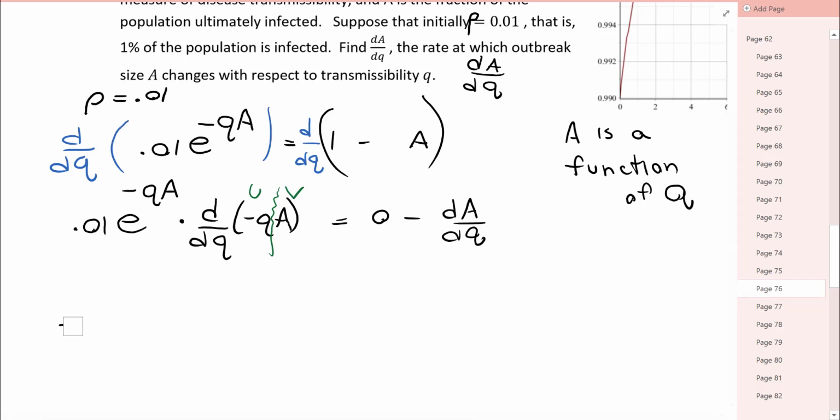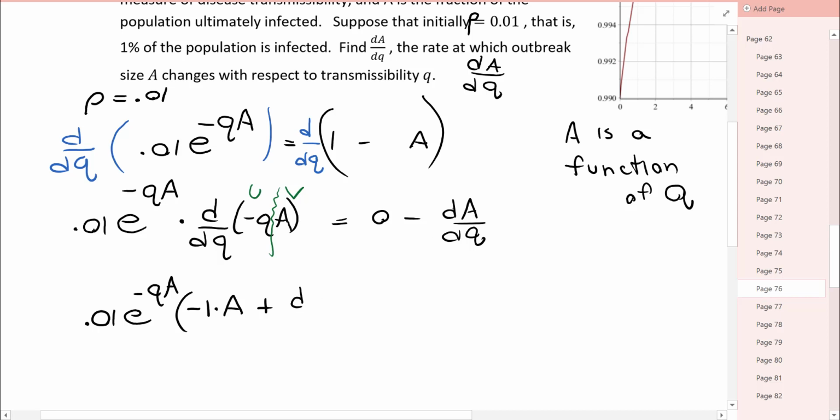So that's going to give us 0.01 e to the minus qa times u prime is just going to be minus 1 times a plus, well, a prime is just going to be, well, you can just call it a prime, or I'll just call it dA dq. I was calling it dA dq on the other side, so that's the same as a prime, right?